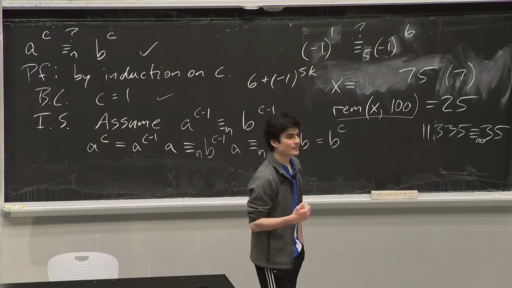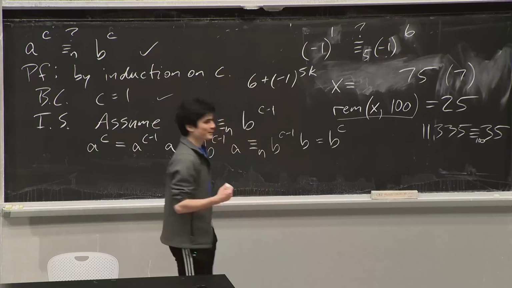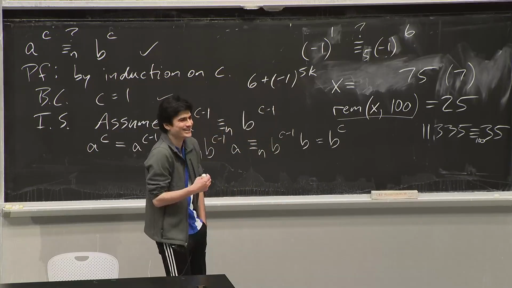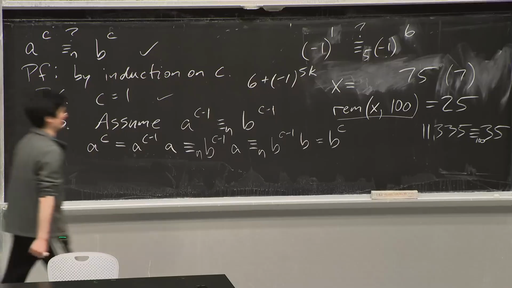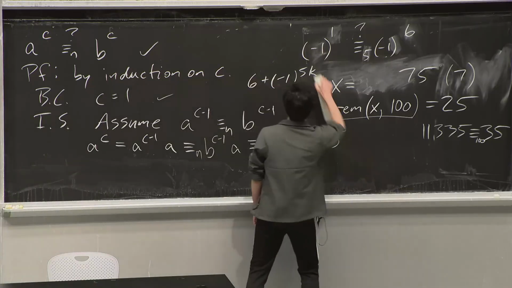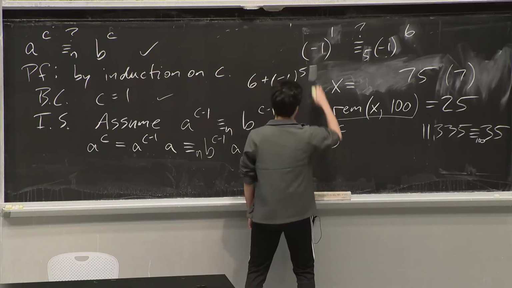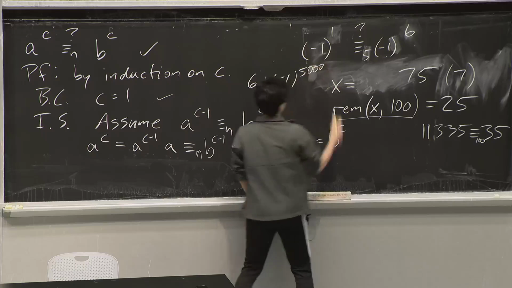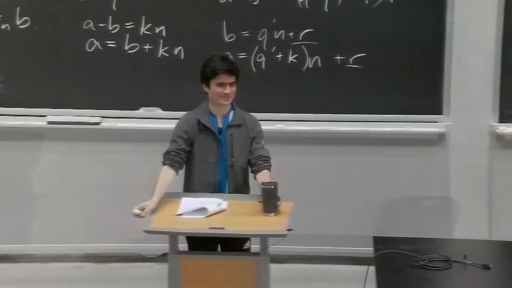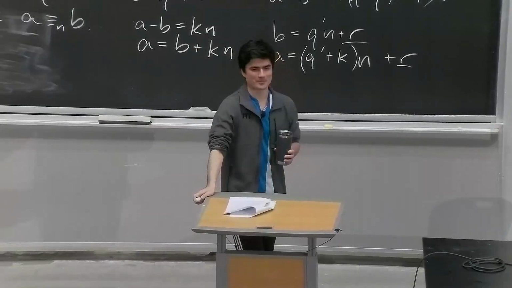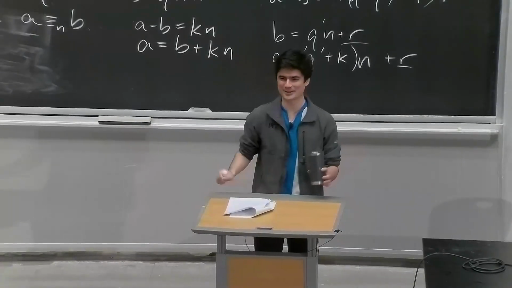Sorry? Do we know k is even? Oh, sorry. 5k, 5,000. Sorry, it's not actually. My bad. Any other questions?